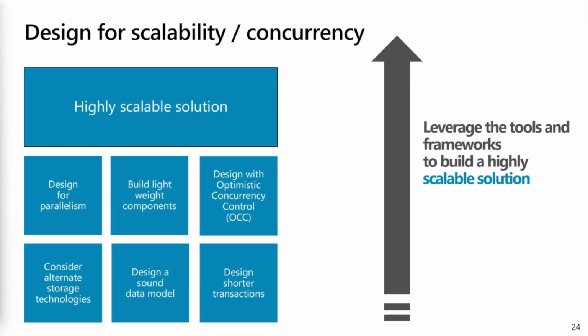When we design a solution, we always need to keep scalability in mind to be able to reach the expected throughput. With design for parallelism, for instance, we see performance goals like, can you post so many general journal lines in 1 hour? Can you invoice so many sales orders in this time frame?